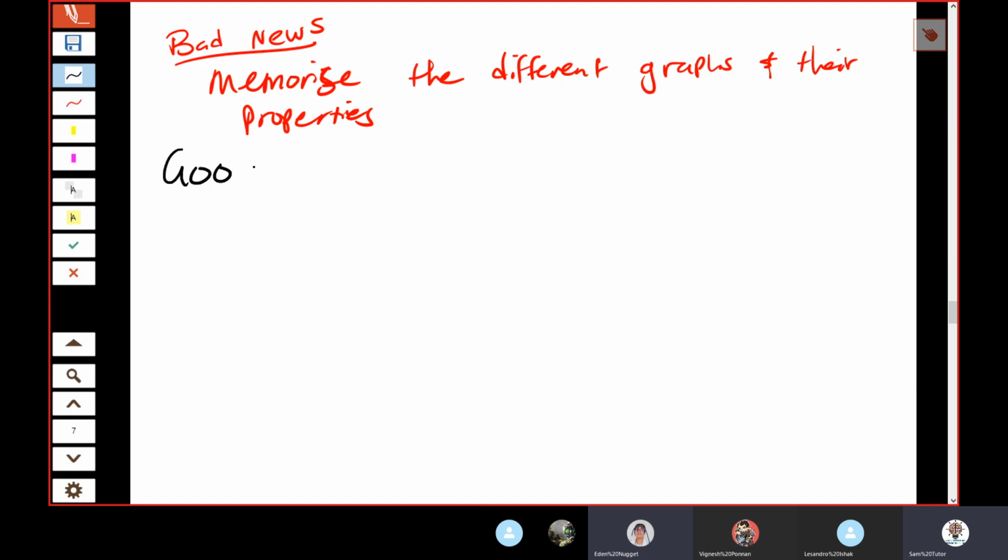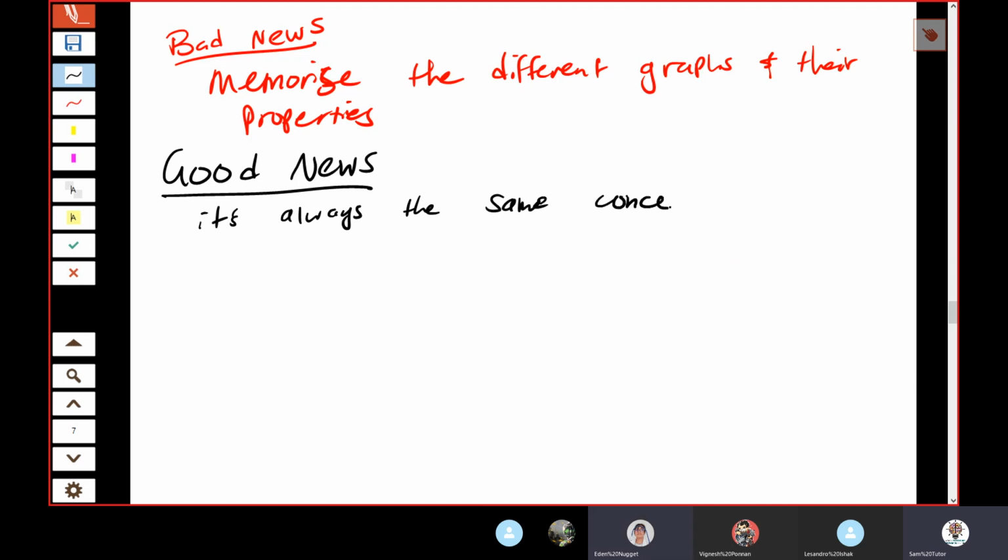It's always the same concept. So really, it's pretty much the same concept every single question. You will not be able to get it right if you haven't actually memorized the graph and its properties.